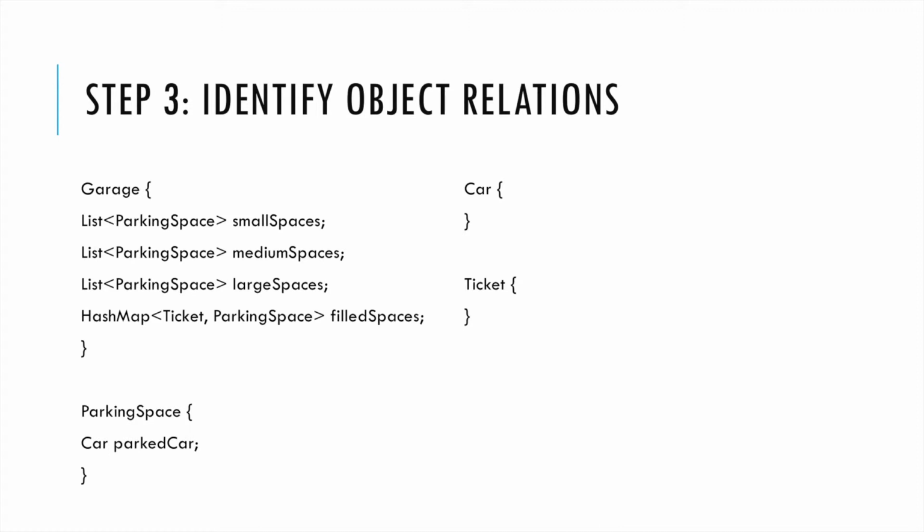When a car occupies one parking space, for the garage, we can have a hash map to map to the tickets. For the parking space, we should have an attribute to identify that parked car, and we will store the car object there.